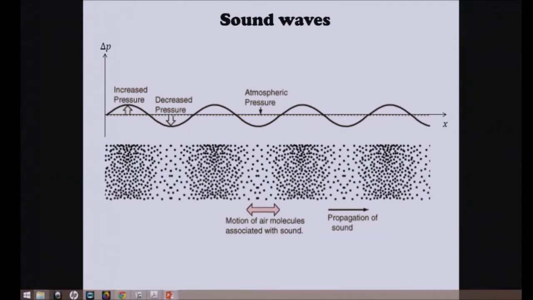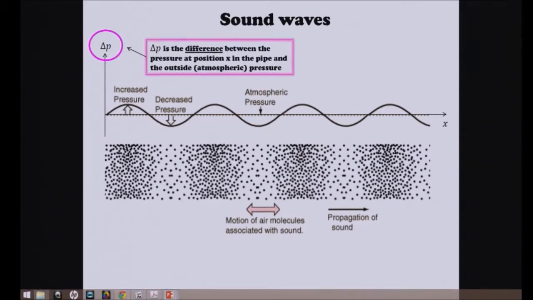So we can plot this pattern as an amplitude of pressure as a function of position, which makes it more familiar to the waves we've been studying so far. I should be clear that this pressure is the difference in pressure at a certain position x compared to atmospheric pressure.